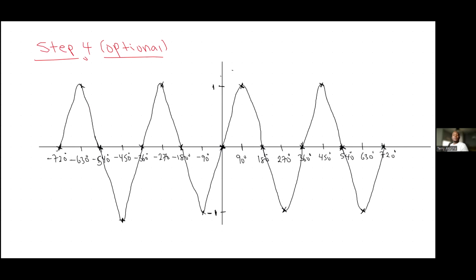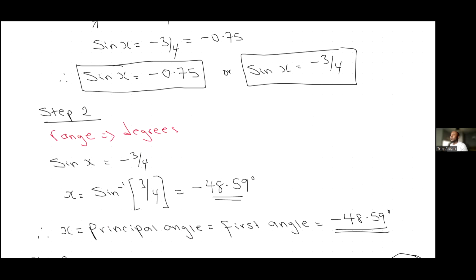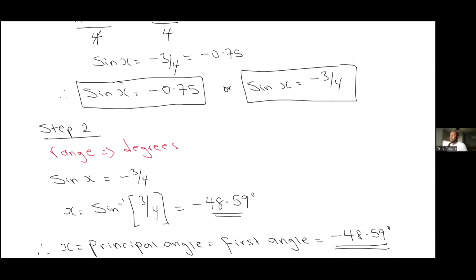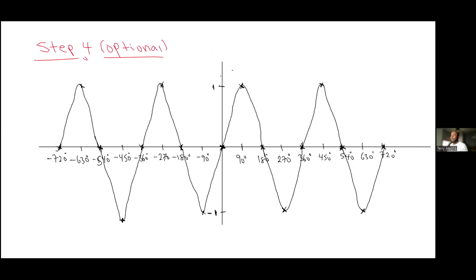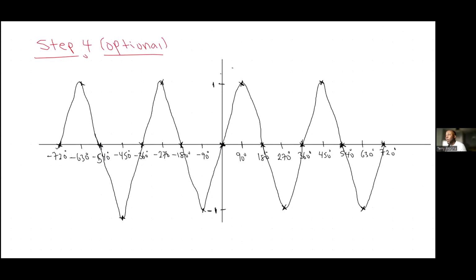Okay. Whoa, finally we got there. So what we are now looking for, we know that sine x was minus 0.75, okay? So we're looking for the value of minus 0.75 or minus 3/4. So let's assume in this example, let me check again.